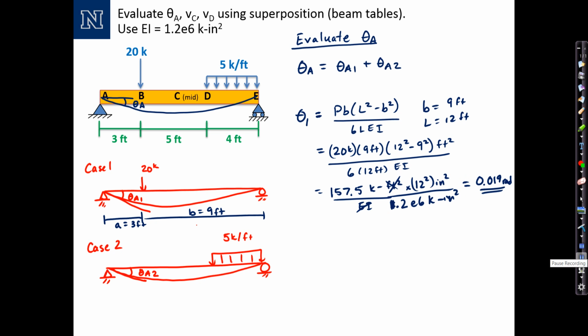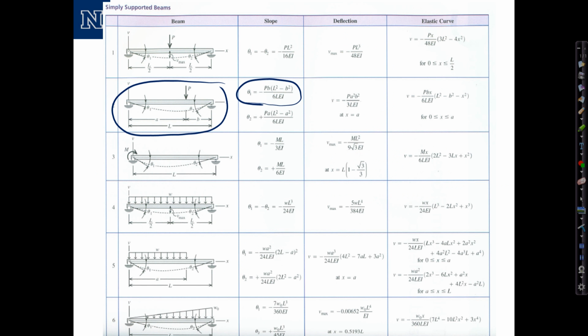Next, let's evaluate the next case, load case 2. I want to evaluate theta A2. Let's look at it. It's this one right here. We're given an equation for theta 1 and theta 2. Now we do have to make an adjustment here because the load is on the left side of the beam, and for our case it's on the right side of the beam.